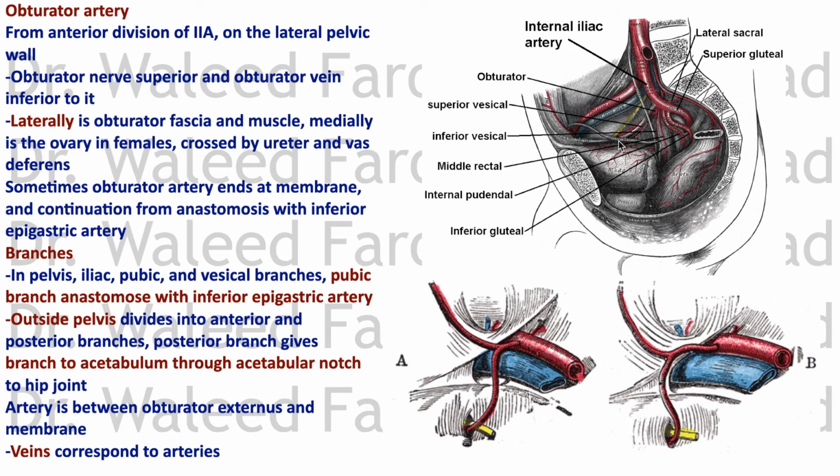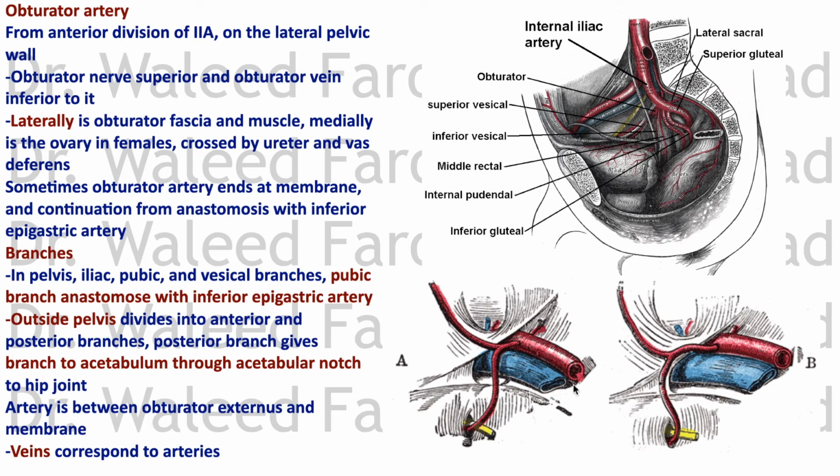Now, this is the typical course of the obturator artery from the internal iliac and through the obturator canal. It may stop at supplying the obturator internus, and the continuation of the obturator artery is replaced by the anastomosis between the pubic branch of obturator and the pubic branch of inferior epigastric artery. As you can see here, the anastomosis replaces the obturator artery between the inferior epigastric and the obturator.